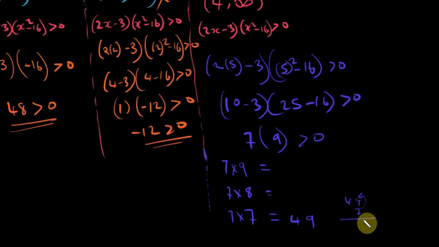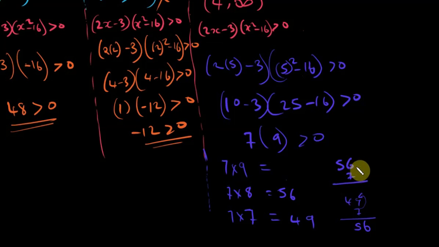Okay, 9 plus 7 takes us to 16, 6 carry 1, 56. 56 plus 7.